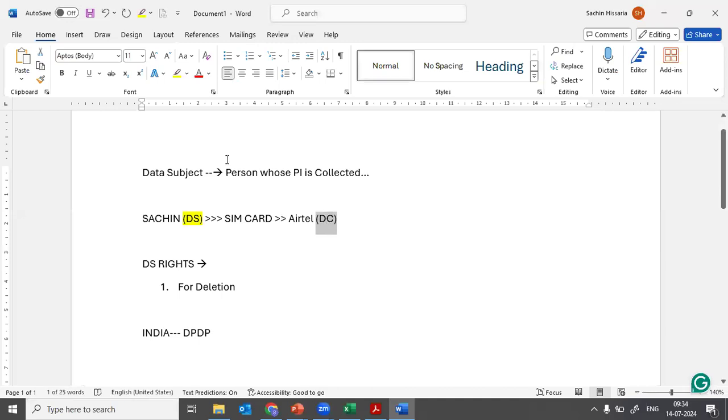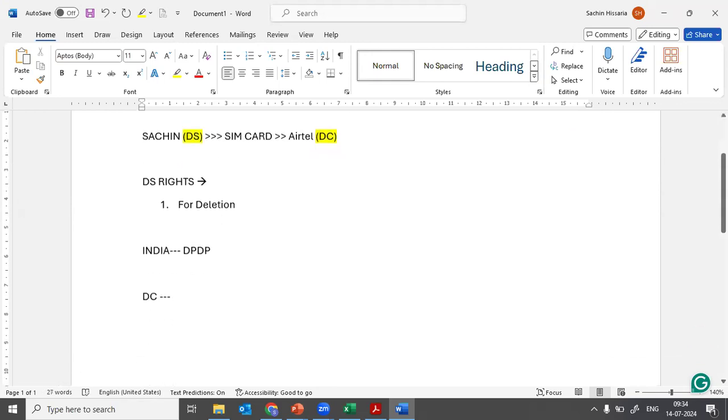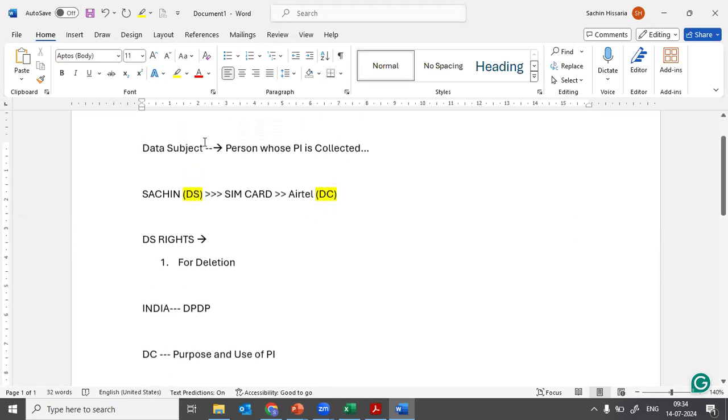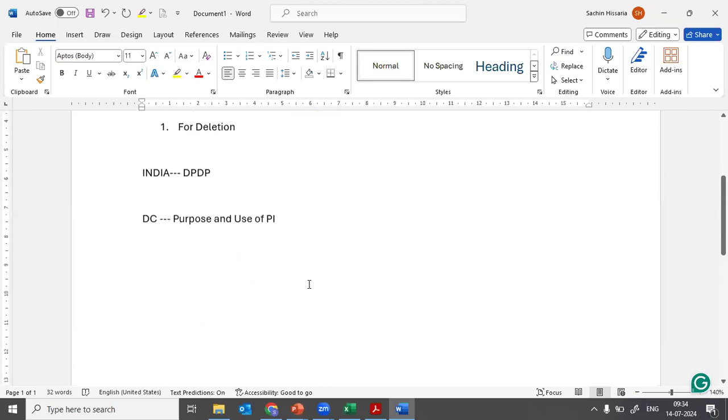A data controller is a person who will determine and decide the purpose and use of personal data. Airtel will decide that the personal information it has collected will be used for the purpose of issuing a SIM card. Correct? So it is a data controller.